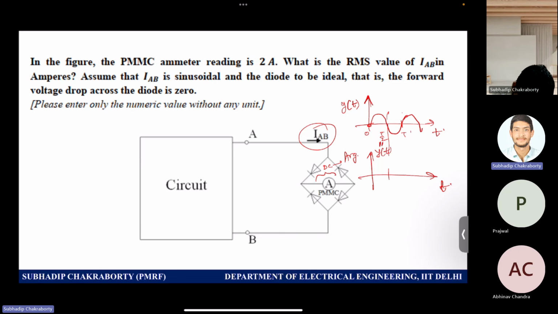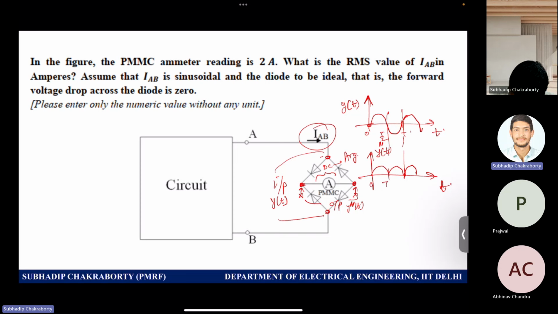How will it look? So this is the input node and this is the output node. At the output node, which is Y double prime of T, and this Y of T is the input.